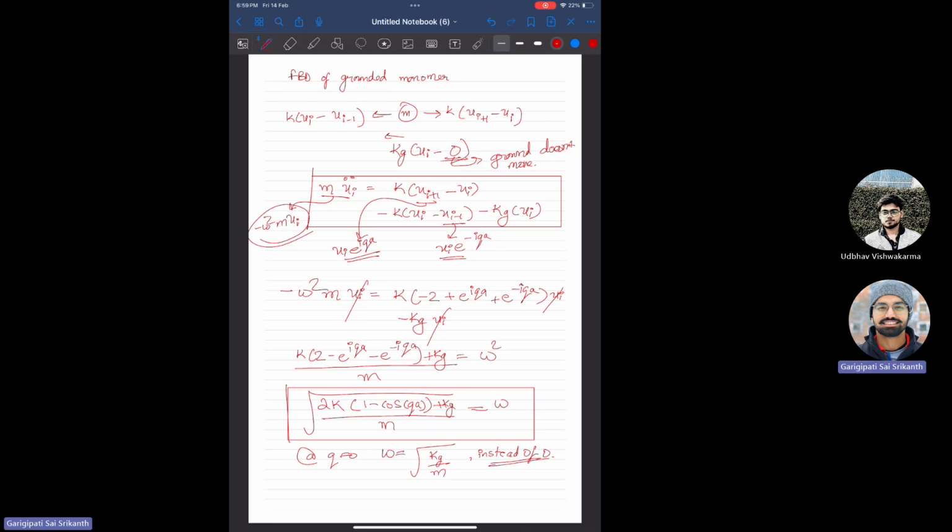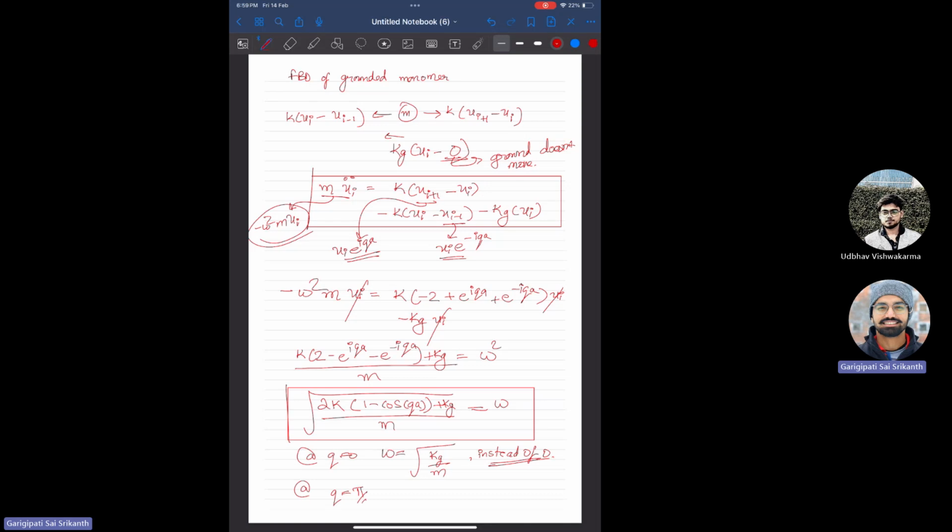This is important. Earlier, the lowest branch was starting from 0, but because of grounding, the lowest branch will start from under root Kg by m. We'll visualize this, and from the mode shape we'll understand why it starts there.